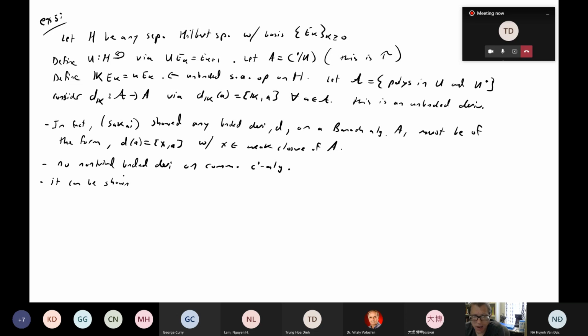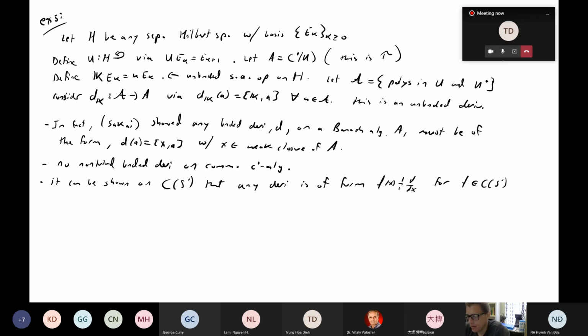In fact, it can be shown, at least on C of S1, that any derivation, because the bounded ones are trivial, is of the form f of x times 1 over i d/dx, for f continuous on the circle.